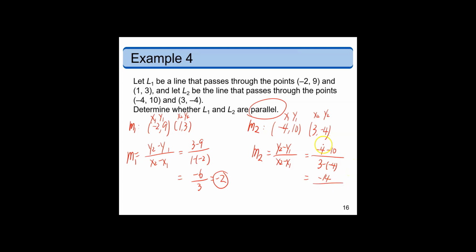Keep the negative sign, adding 4 and 10, the negative 14. 3 minus negative 4 is 3 plus 4, which is 7. Dividing again, we get negative 2. As you can see, when m1 equals m2, that indicates L1 and L2 are parallel. So that's how you determine two parallel lines.